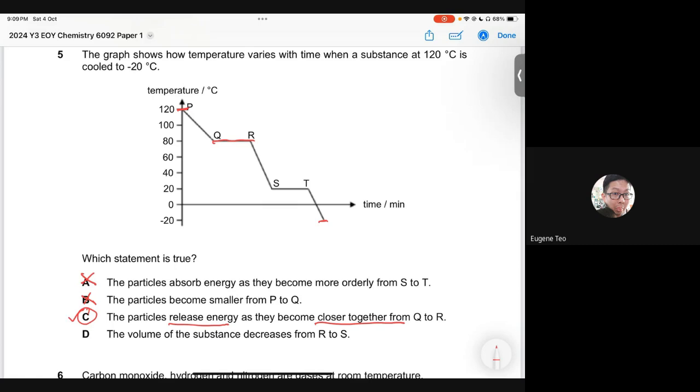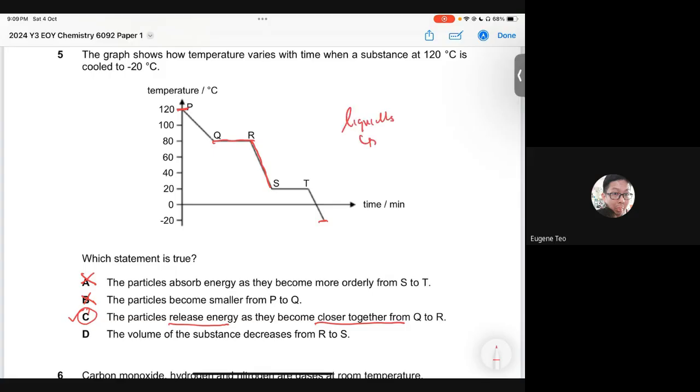But let's look at the last one, D. The volume of the substance decreases from R to S. So this is the interesting part where we are looking at the volume decreasing because I think there's this idea that there's contraction. But do take note, if you remember liquids, right?